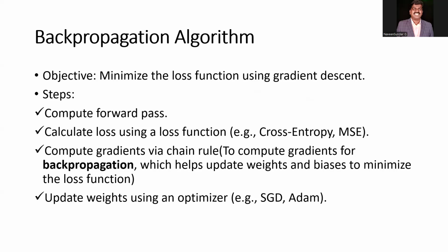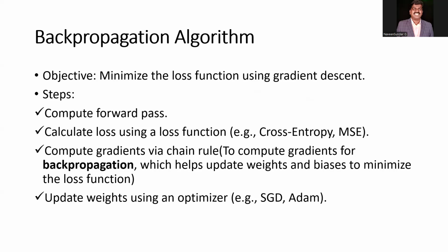From the input layer we multiply with the weights, and that is the forward pass. Then we calculate the loss using a loss function, for example cross entropy. Depending upon the architecture, this will vary. Then we compute the gradients via the chain rule for back propagation.